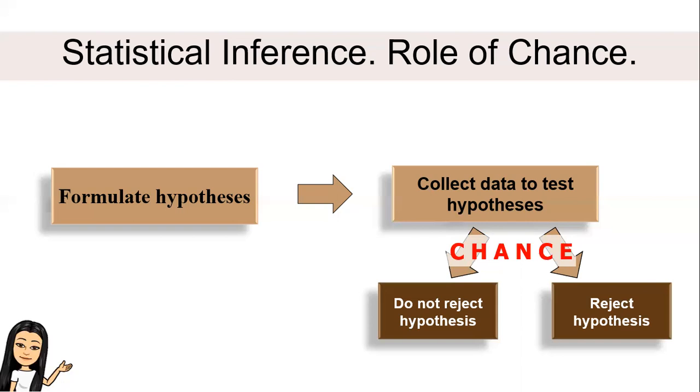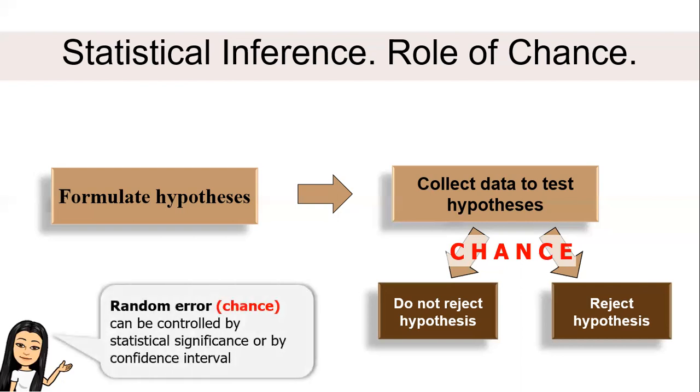So there are so many things that could affect whether you reject or not your hypothesis, depending also on the results. Random error could happen, or it could be due to chance, which could be controlled by statistical significance or by confidence intervals.